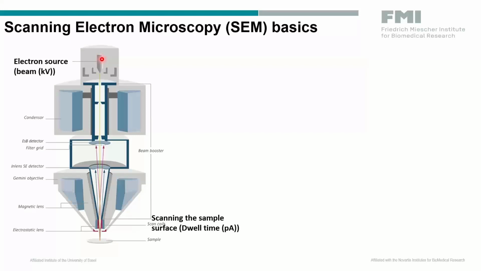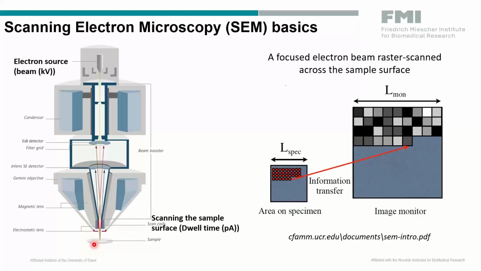This beam is then produced and needs to be focused until it hits the sample, which is positioned here. The beam is then rastering the surface of the sample, and the electrons that are scattered from the sample are converted into gray values, pixel per pixel, to produce the image.